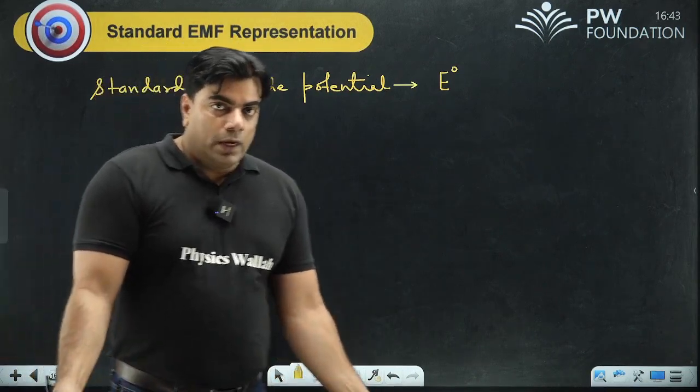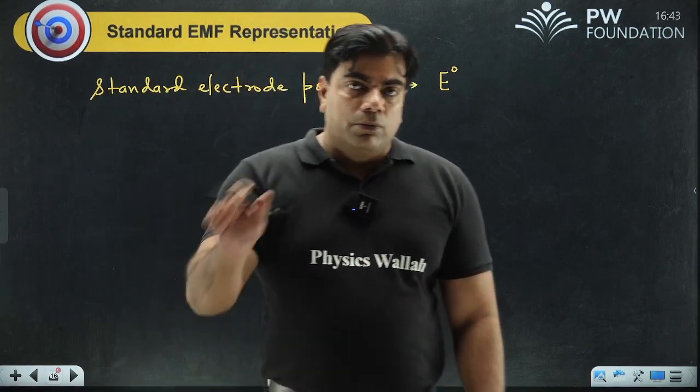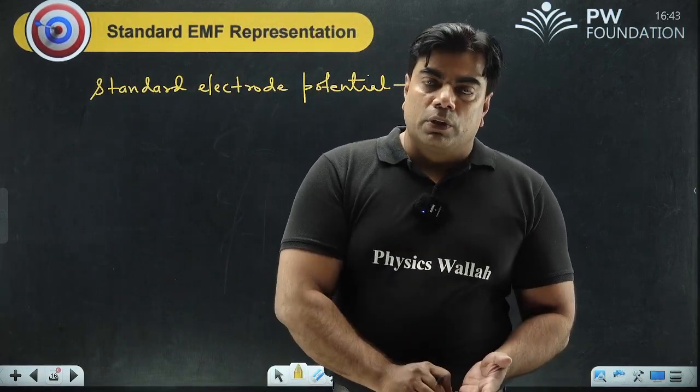As we already know, electrode potentials are of two types, oxidation potential and reduction potential.